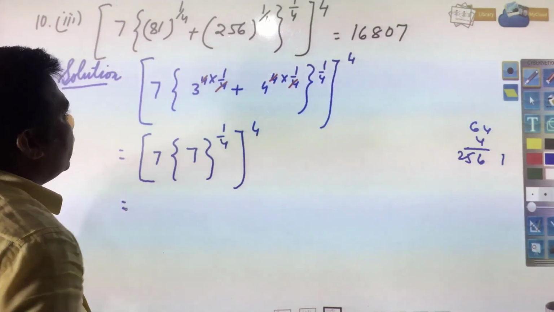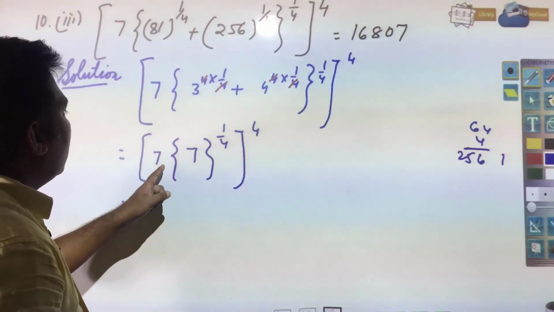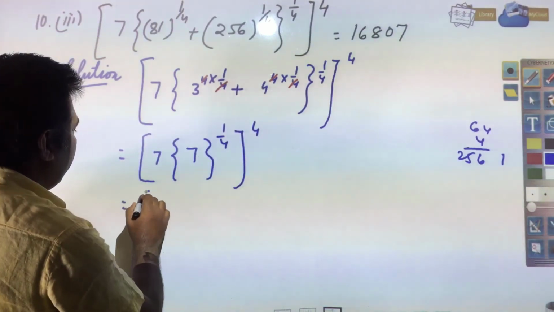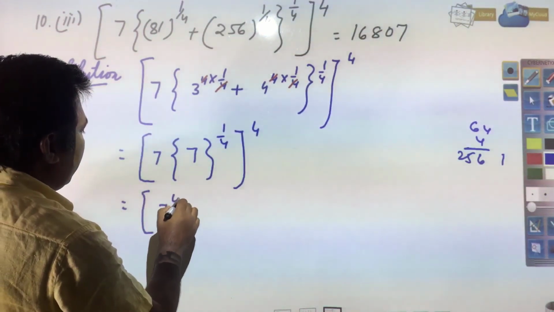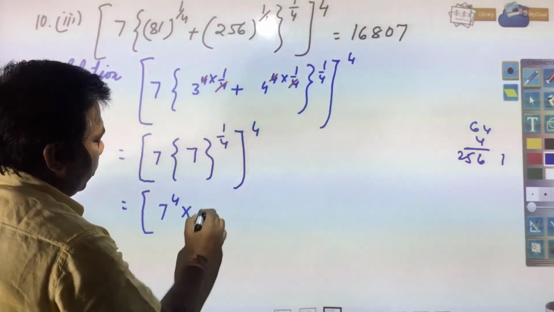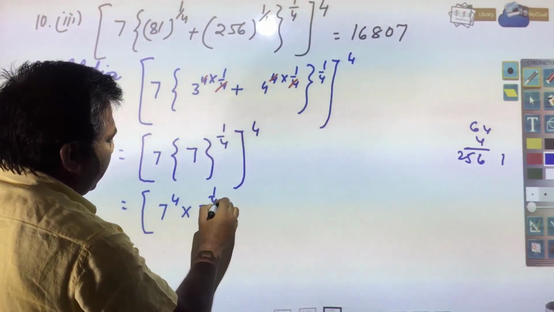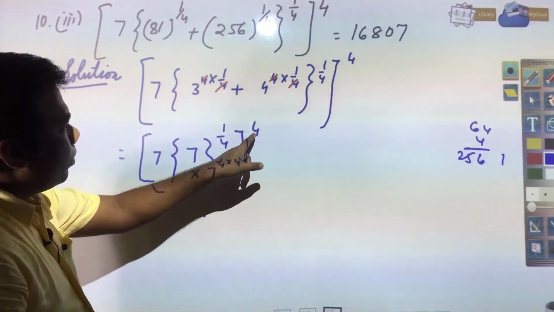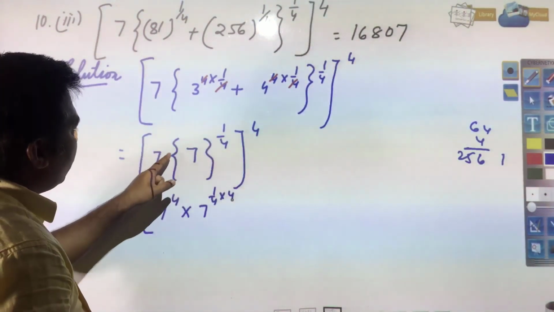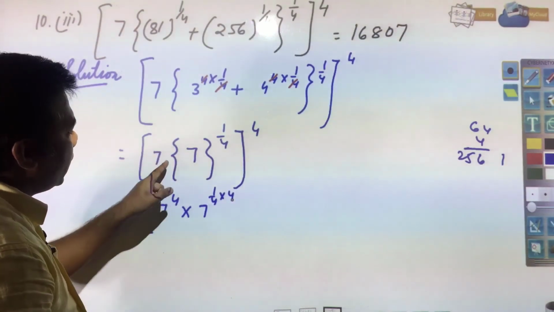So, again you see 7 to the power 4 into 7 to the power 1 by 4 into 4. This power 4 has been multiplied in both the powers, because here multiplication is there.